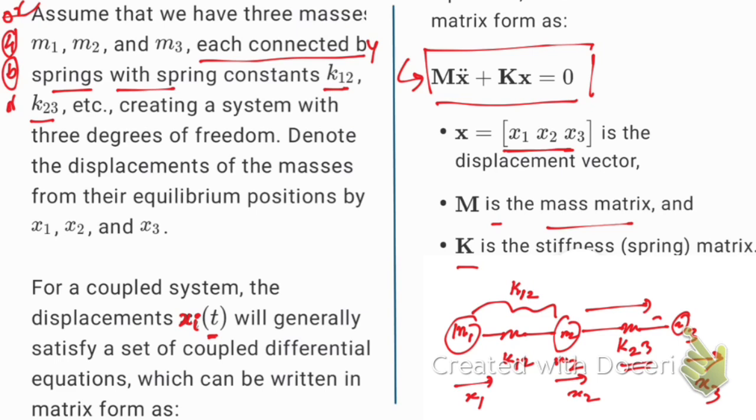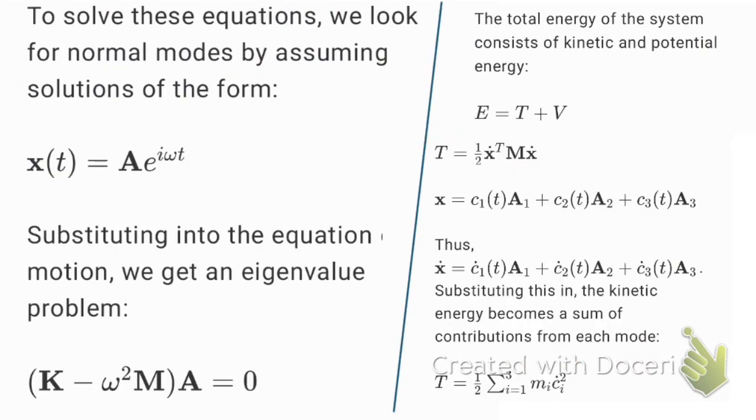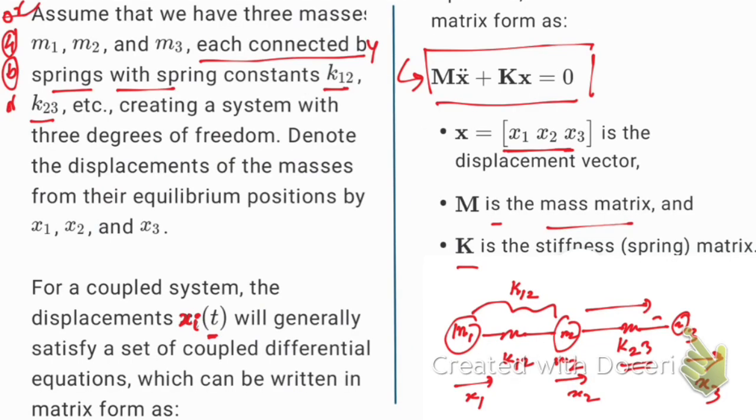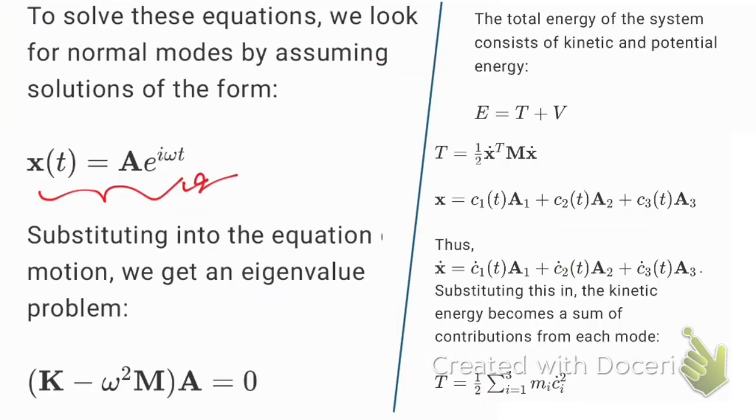Now let's move on to the next page. Here you see, to solve these equations we look for normal modes by assuming a solution like this, as we have already done in the previous slide, and substitute this solution in the matrix equation that we have taken here. Then you're going to get this.